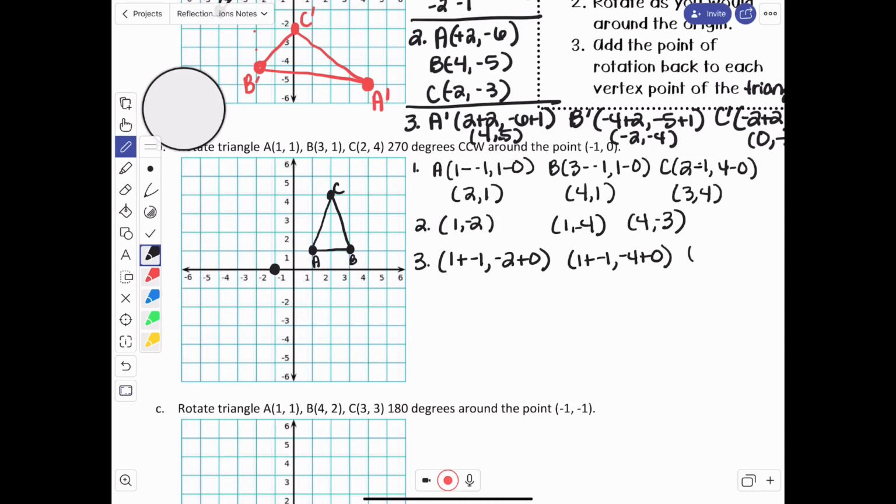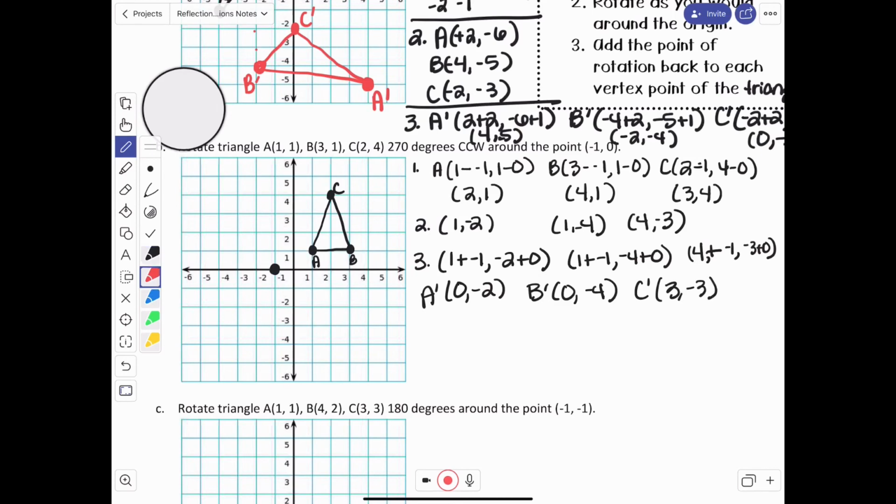Then 1 plus negative 1, negative 4 plus 0. And then 4 plus negative 1 and negative 3 plus 0. So we'll get 0, negative 2 for A. For B, we'll get 0, negative 4. And for C, we will get 3, negative 3.